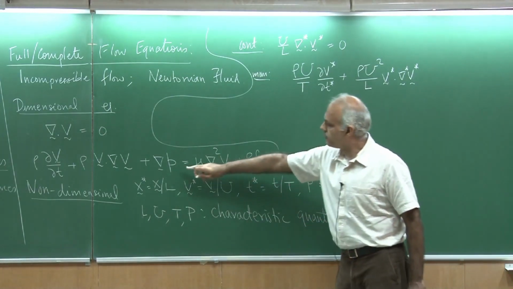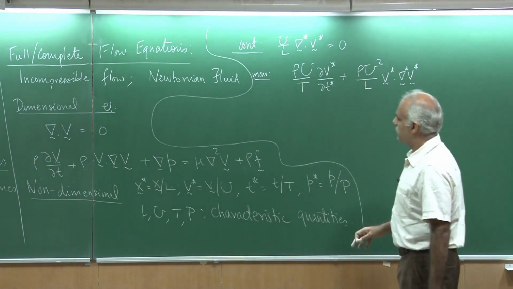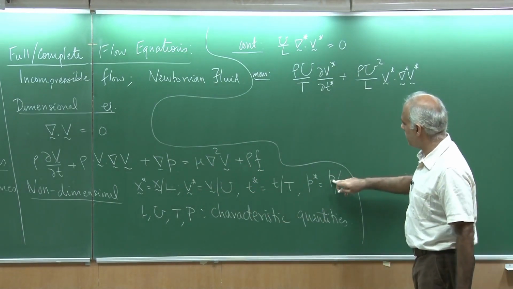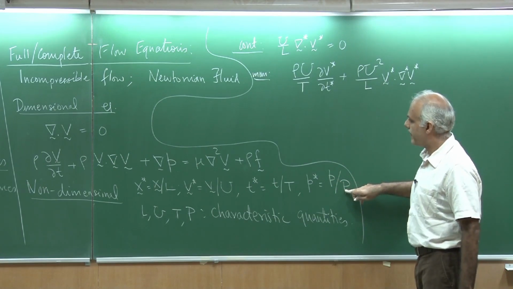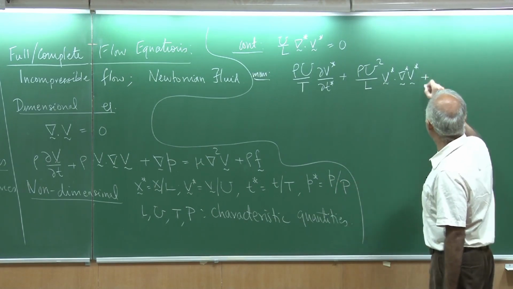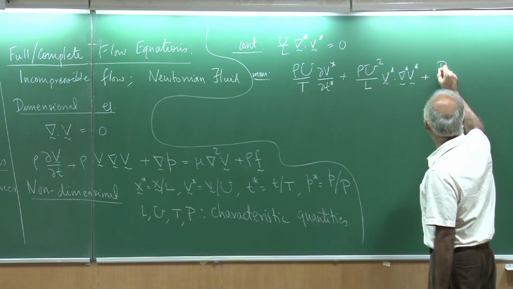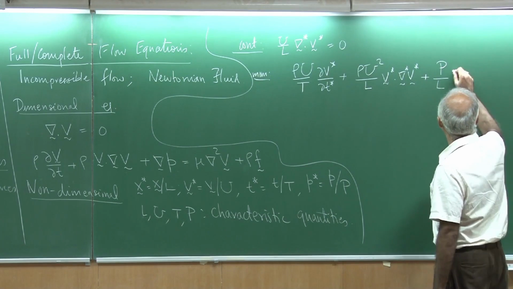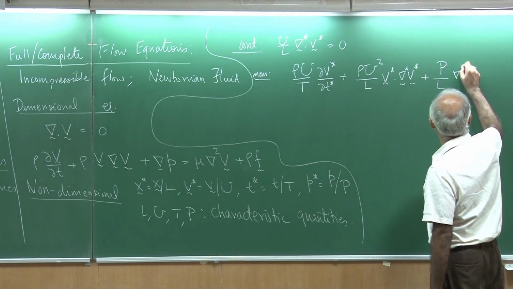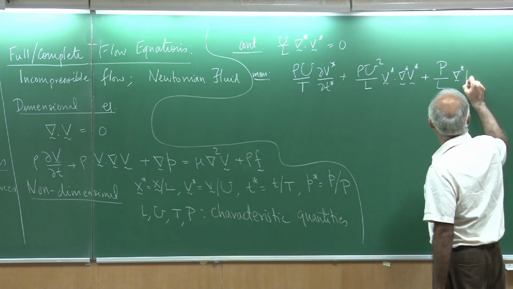I do the same thing for the gradient of pressure. So for P, I can write it as P star times a capital P, and therefore I would get plus an uppercase P divided by an L from the gradient operator. So this would be gradient star P star.